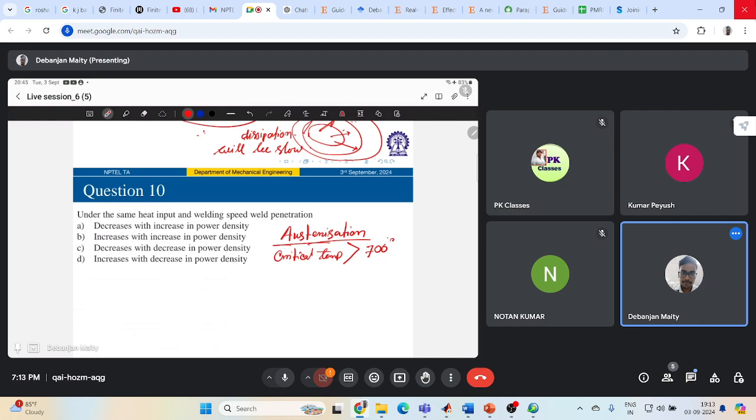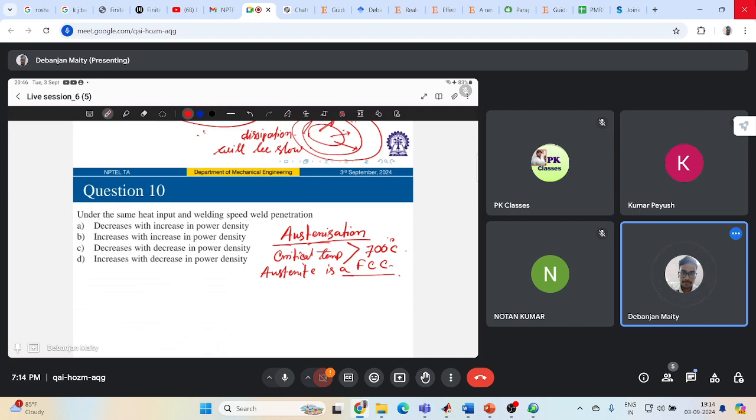Above 700 degrees C, the steel structure will change from ferrite or pearlite to austenite. Austenite is a FCC crystal structure, so it can dissolve more carbon, and because it can dissolve more carbon, it will make your steel more hardened.